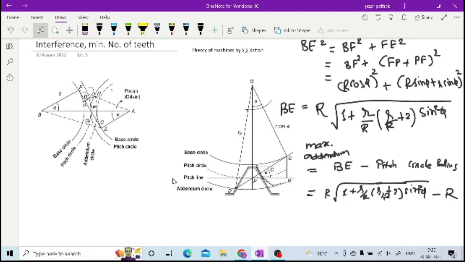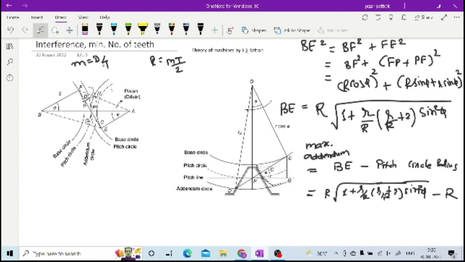Now if you put this capital R equal to mt by 2, right? Where has this come from? It has come from m equal to d by t, right?